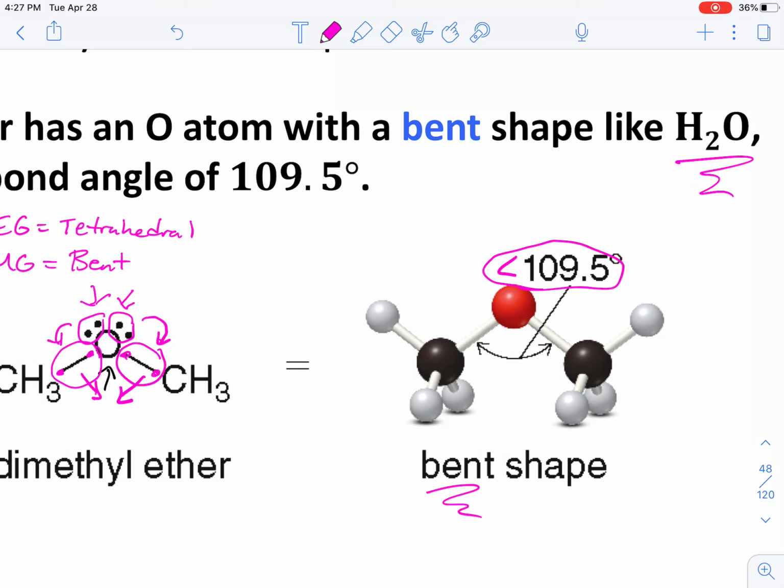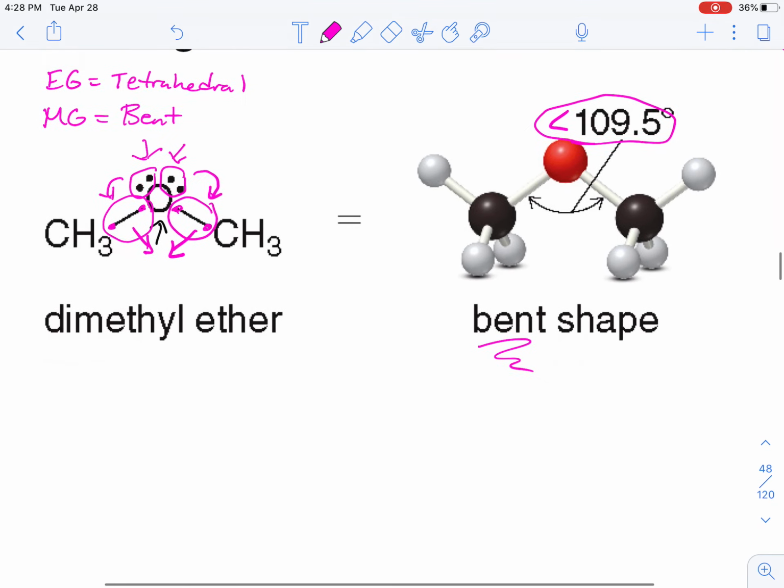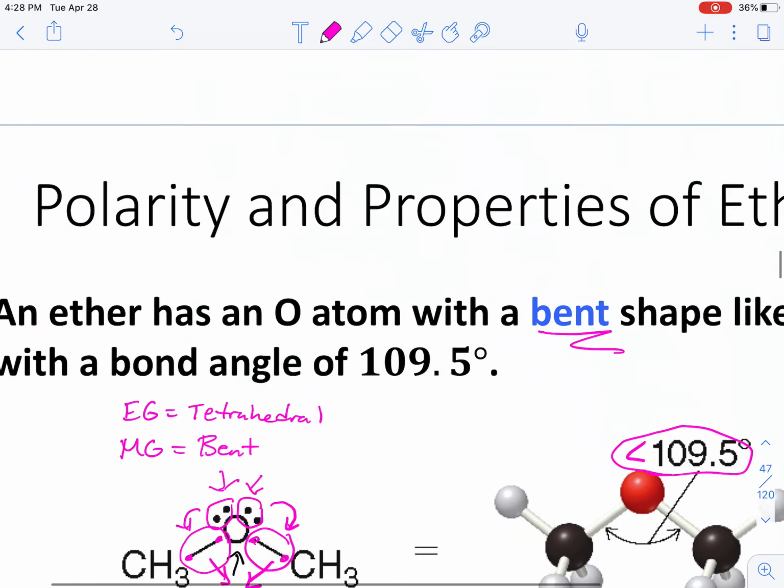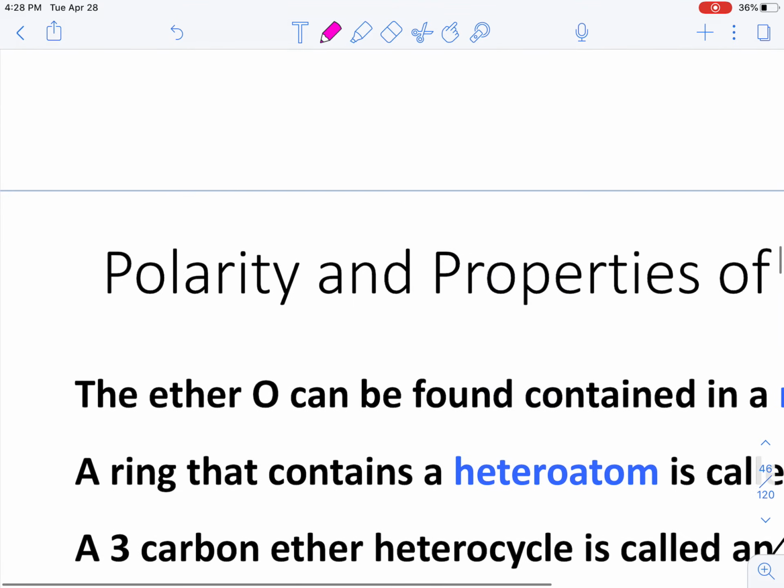And so it does have a molecular geometry similar to water. And because it has a bent shape, when we're depicting this ether as a skeletal structure, we must make sure that we're bending our skeletal structure. So for example, I'm just going to go back up.